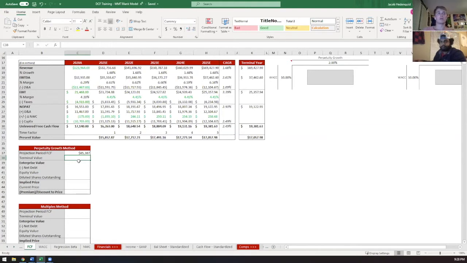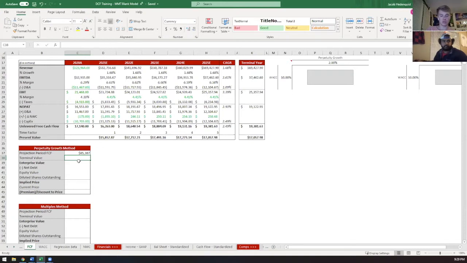The reason you don't want to go above historical GDP is because if you're saying the company lives forever and the company's long-term growth rate is above GDP, that's pretty much assuming that the company's going to grow faster than the U.S. And eventually this company will be so big that it will take over the U.S. economy. So in order to be conservative, and because no company can grow at that rate forever, we'll use a historical GDP number, which for this example, we're going to use 2%.